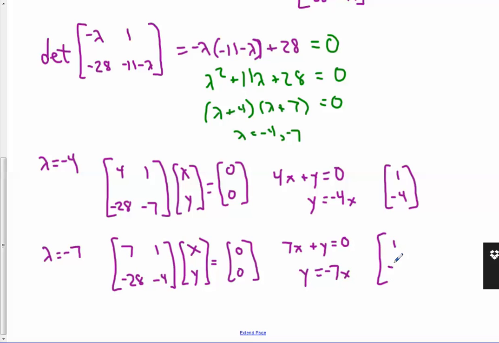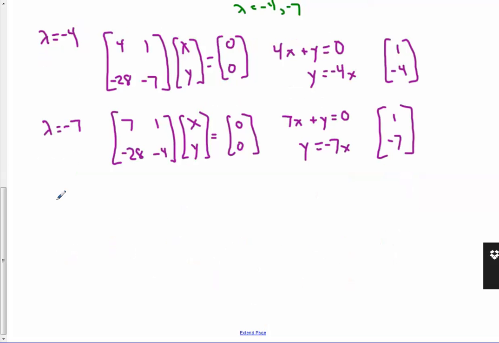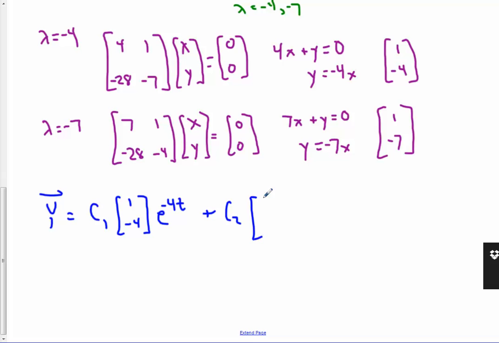So I can go with a 1 and a negative 7. Okay, which gives me now a solution of C1, 1 negative 4, e to the minus 4t, plus C2, 1 negative 7, e to the negative 7t.